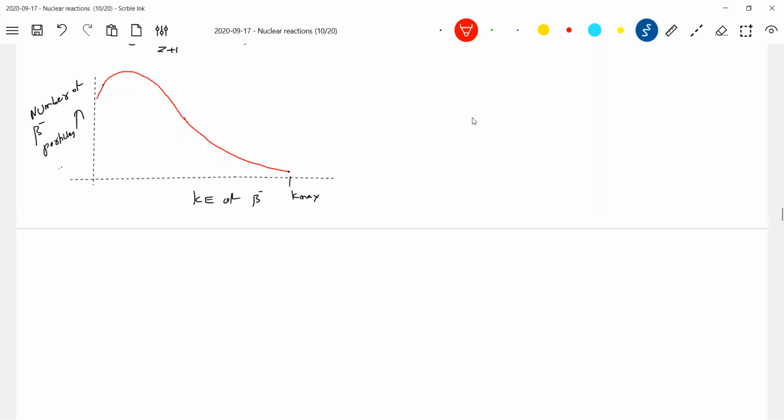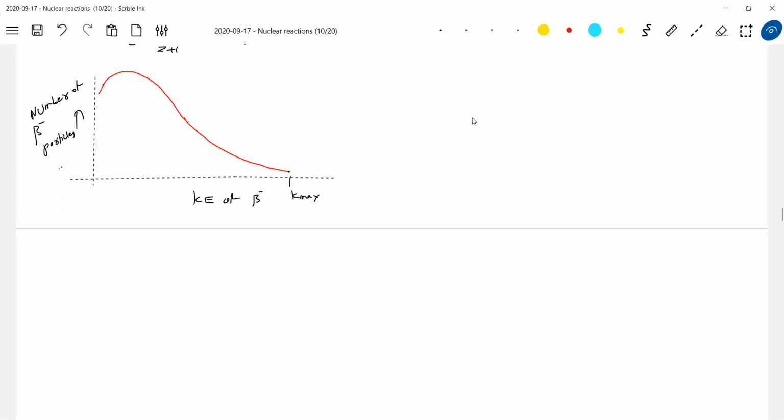So leave a small gap. There is a set of beta particles with less kinetic energy. Then who will carry the remaining energy? The antineutrino. So the available energy is shared between the beta particle and the antineutrino, not in any fixed proportion, unlike an alpha particle and daughter nucleus.